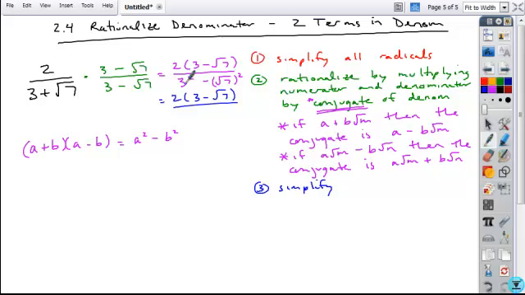Okay, so if we continue to simplify this, the 3 squared is 9, root 7 squared is just 7. And if we continue to simplify, 2 times 3 minus root 7, and what is 9 minus 7? So here's the case, that in the simplifying process, these factors can cancel, and we're left with our answer, 3 minus root 7. Okay.